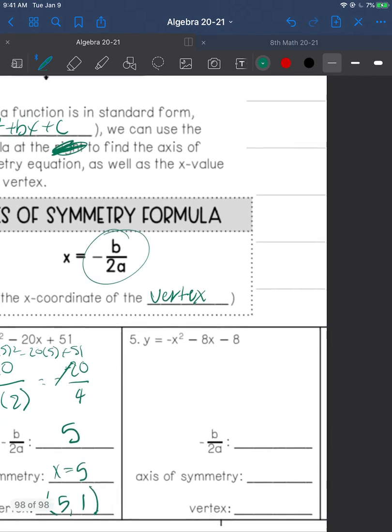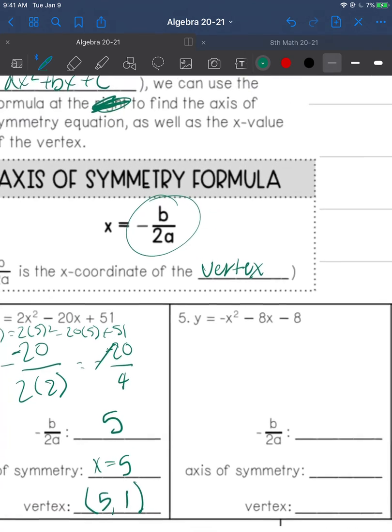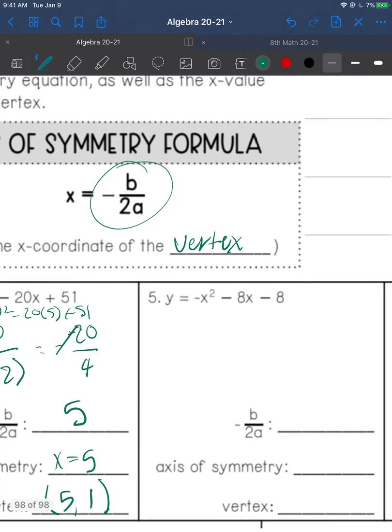So let's do it again one more time. We have negative b over 2a, negative 8 over 2 times a negative 1. So that's negative 8 over negative 2. These cancel out, but this one still stays there.